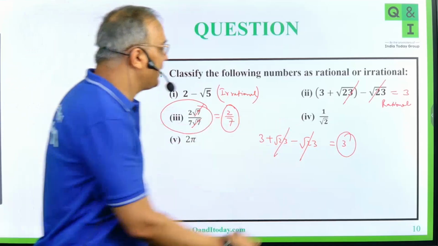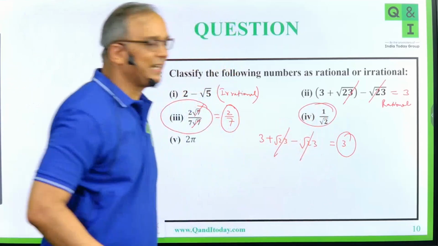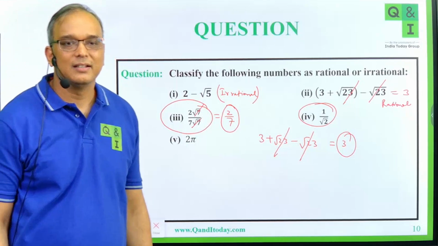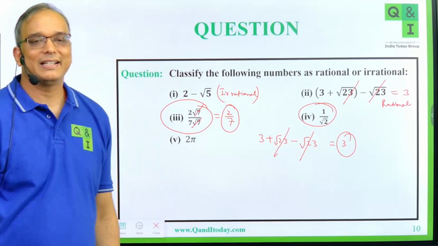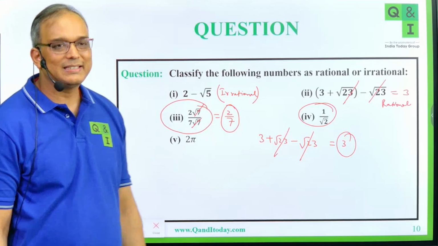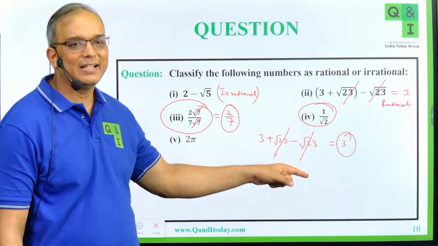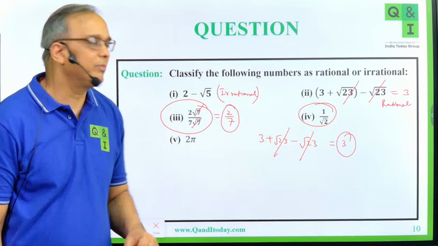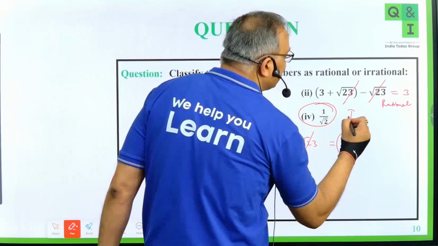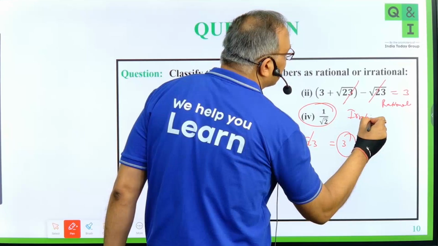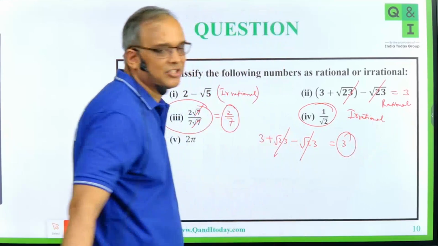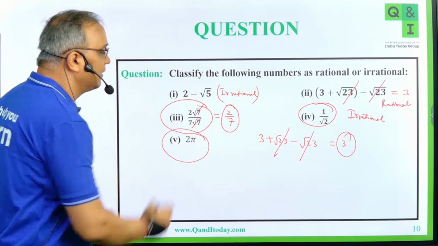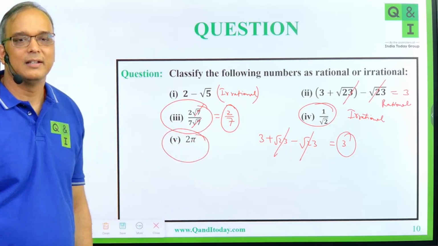Now in 1 by root 2, can you tell me whether it is rational or irrational? Fourth one. Anay, yes, correct. It is irrational. Why is it irrational? Because we are dividing a rational number by an irrational number. The result is going to be irrational. Fifth one. What about the fifth one?